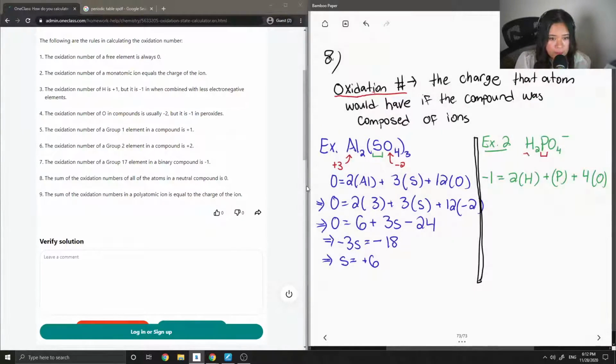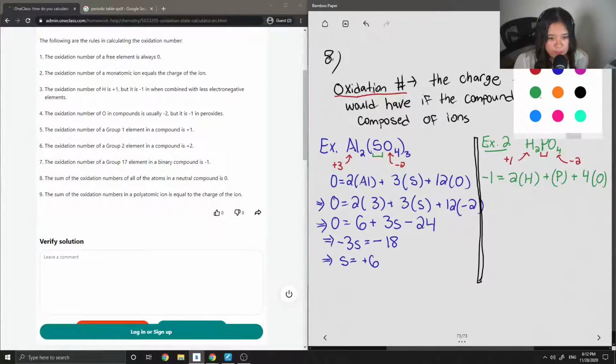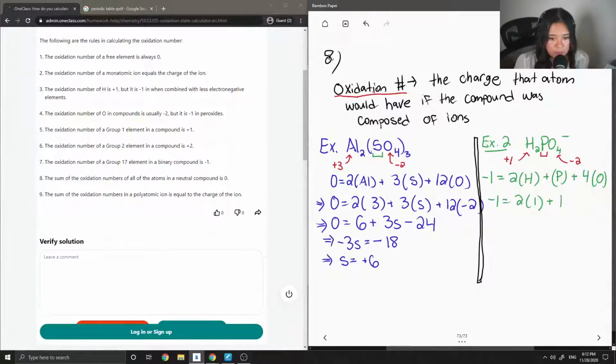Okay, so let's recall that this isn't a hydride, so each hydrogen atom has an oxidation number of +1, and each oxygen atom has an oxidation number of -2. So now let's just plug in those values. And then solve for the unknown.